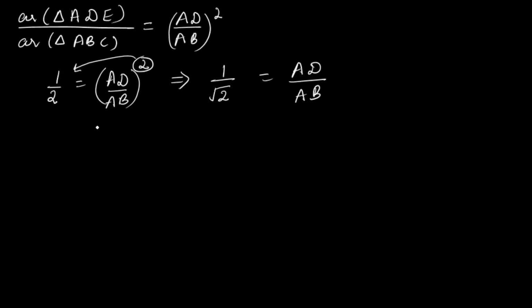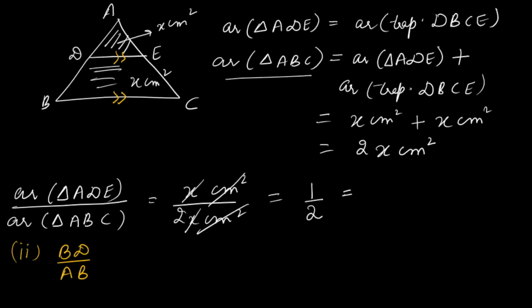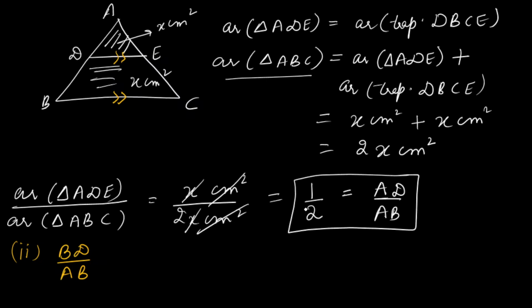Now we don't need the ratio of AD and AB. Actually, we need the ratio of BD and AB. So here we found the ratio of AD by AB, but we need the ratio of BD and AB. So how will we find it?